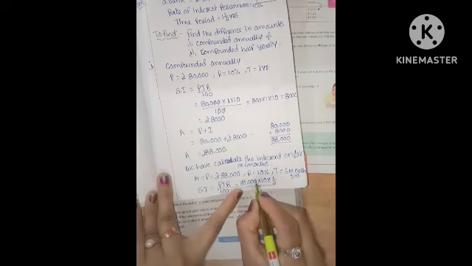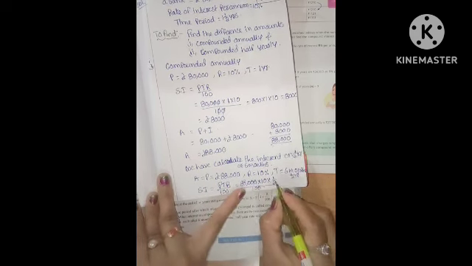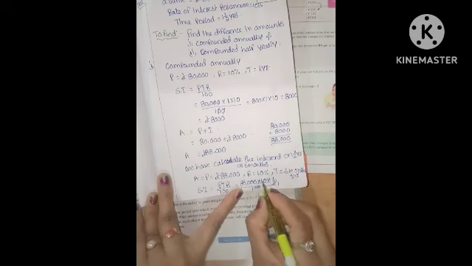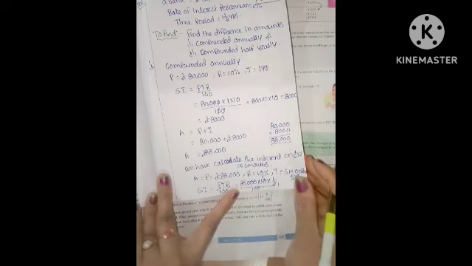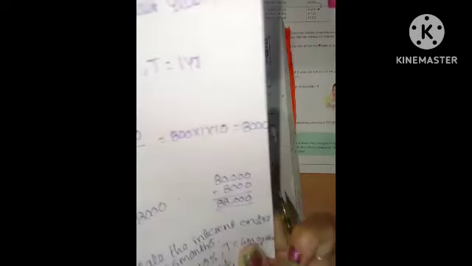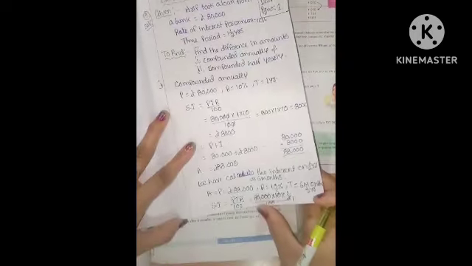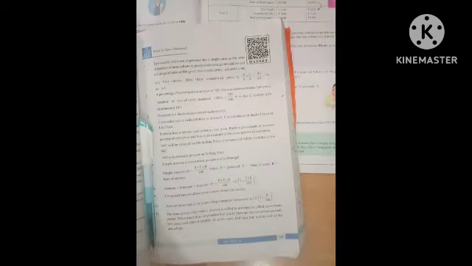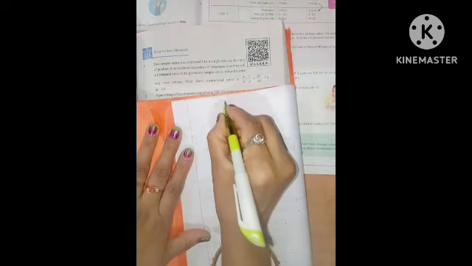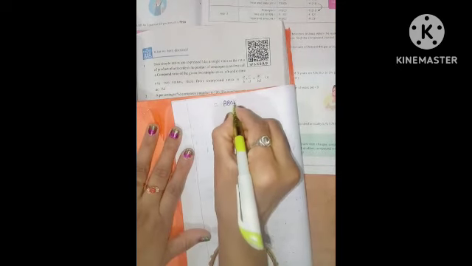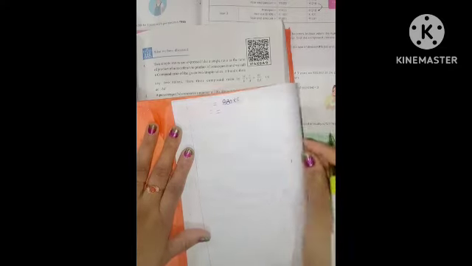Two zeros cancel, and another is also cancelled. 2 1s are 2, 2 5s are 10. What's the remaining product? 88 into 5.